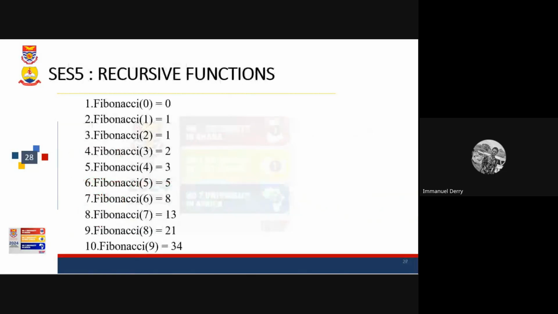So these are some examples that we have for this one here. Okay, let me complete this so that you take them. Fibonacci of 0 is 0. Fibonacci also uses recursion. Fibonacci of 1 is 1.